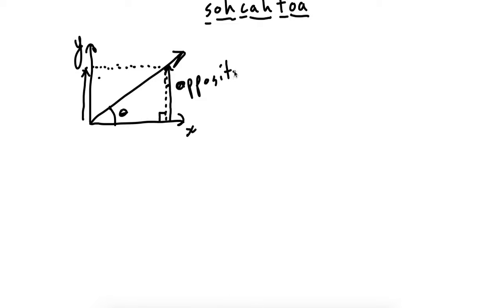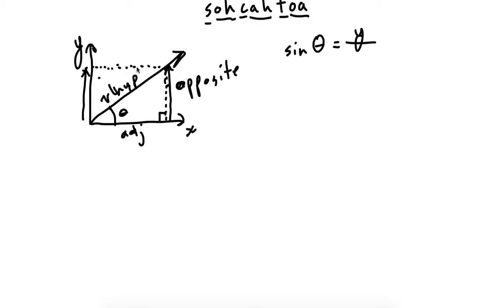Oh, sorry, I'll stop writing the whole word in. That's the adjacent side. And that's the hypotenuse. So the hypotenuse is the actual length of the vector. So in this case, sine of theta, remember sine is opposite over hypotenuse, so sine of theta in this case is going to be y over the, well, let's call this the vector v.